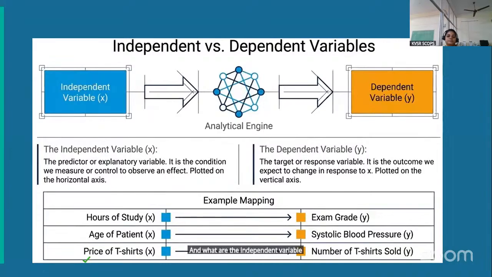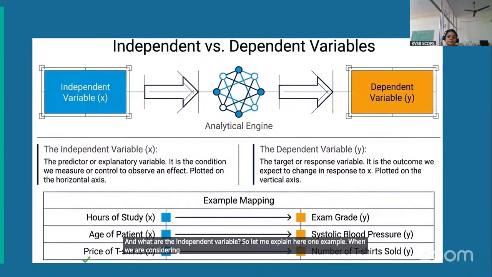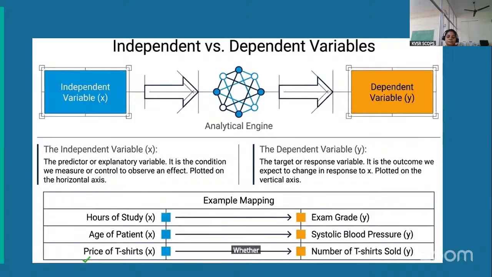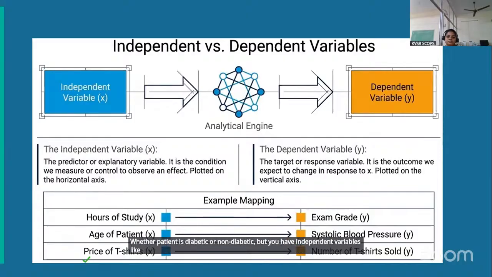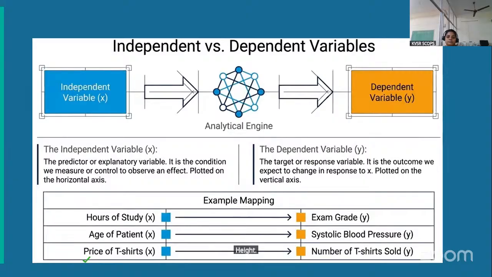Let me explain one example here. When we are considering the diabetic patients' data, my dependent variable is whether the patient is diabetic or non-diabetic. But you have independent variables like patient name, patient ID, age, height, weight, glucose levels.